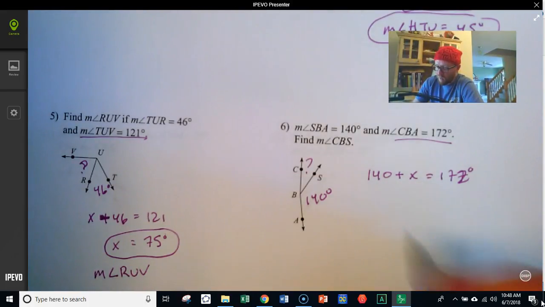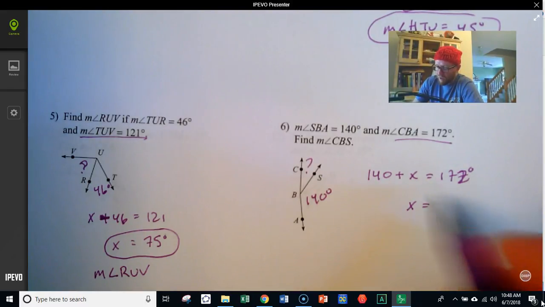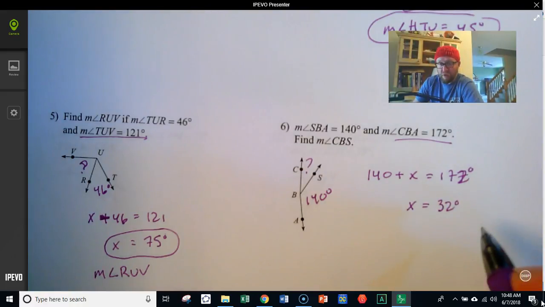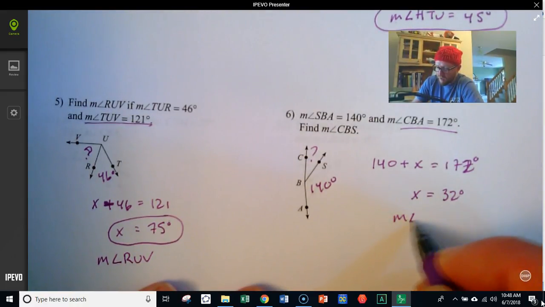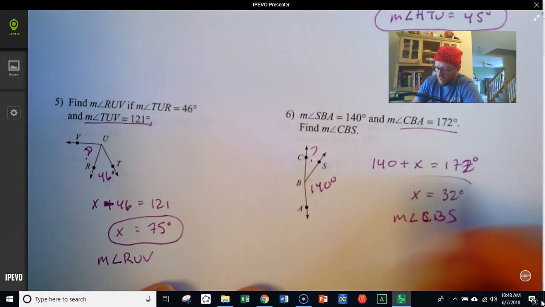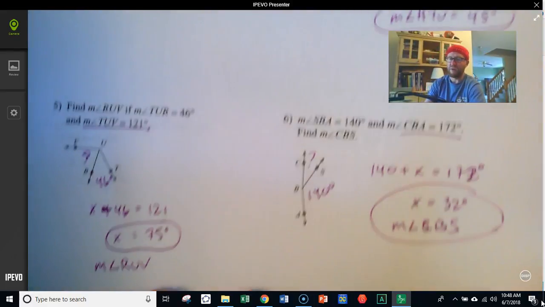We'll take away 140 from each side, and X, our unknown, equals, let's see, 32 degrees. And that is the measure of angle CBS. Okay. There we go.